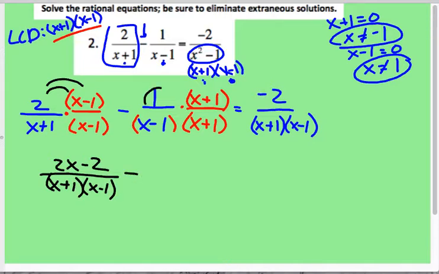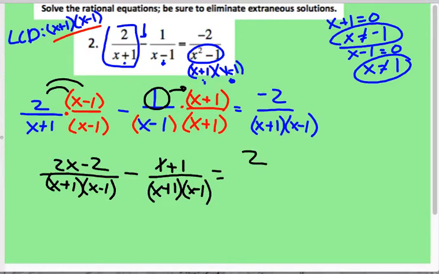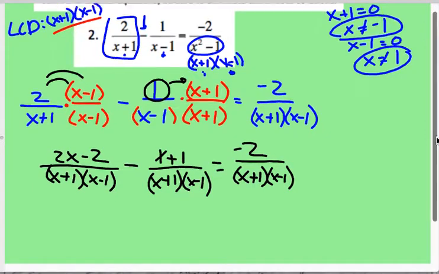Minus, we're just multiplying 1 times x plus 1, so it's x plus 1 over x plus 1, x minus 1 equals, and we just have the -2. And go from there. We have a common denominator.